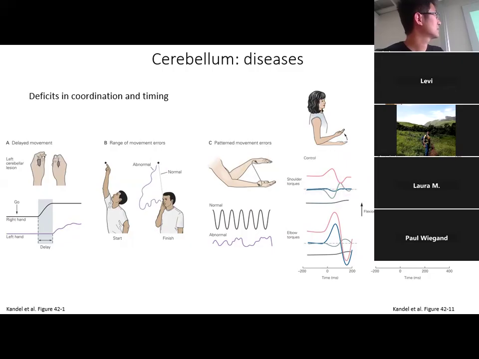But in the cerebellar patient, they cannot compensate for this interaction torque. You see this large net torque here in this blue curve. That results in a movement of the shoulder. So they cannot really compensate for this interaction torque. This is also a typical phenomenon in cerebellar patients.